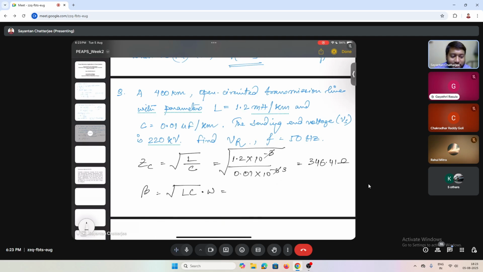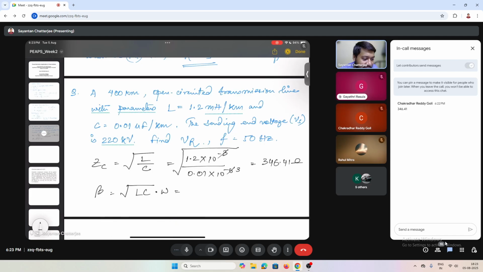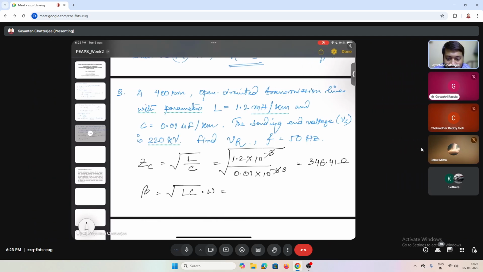Again, if anyone would volunteer, that would be a great help for the value of this one. It will be 2 into pi into 50.